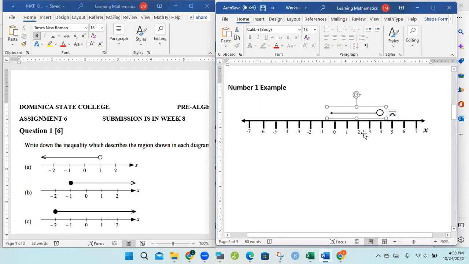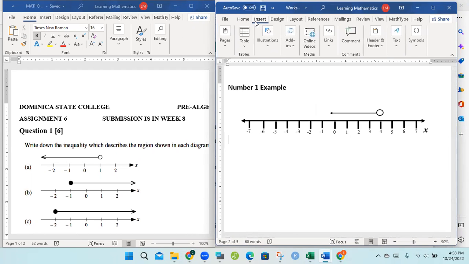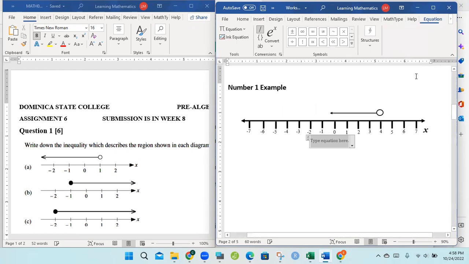Because numbers like 3, 2, 1, 0, if you extend it, all the numbers that are less than 4, sorry. In my example, write down the inequality. Now, instead of saying all the numbers that are, oh, just got an idea.